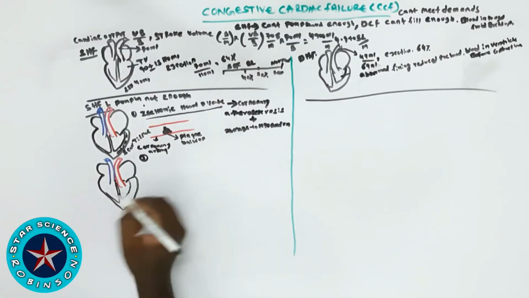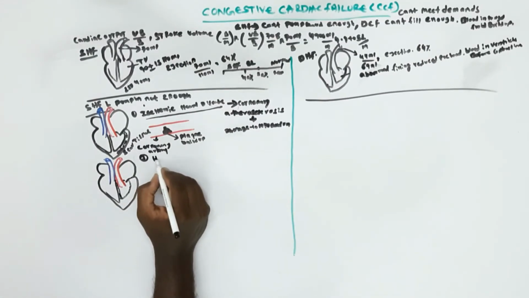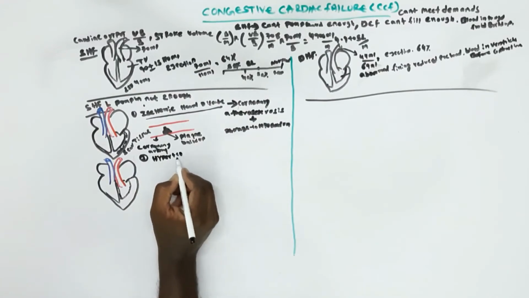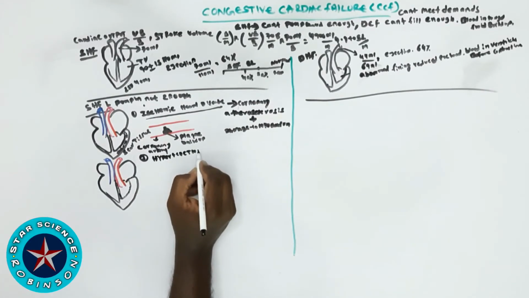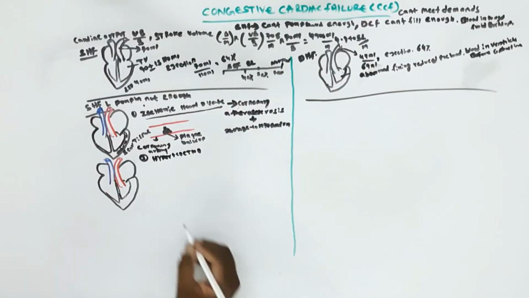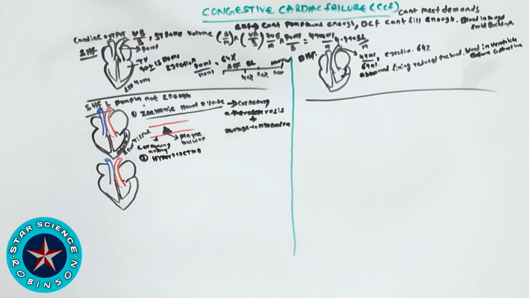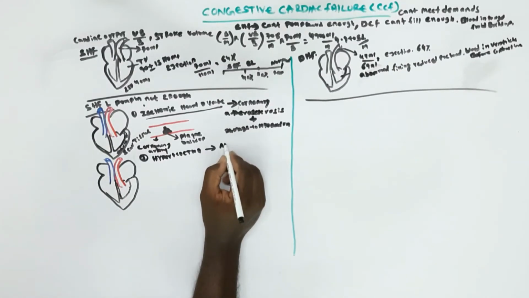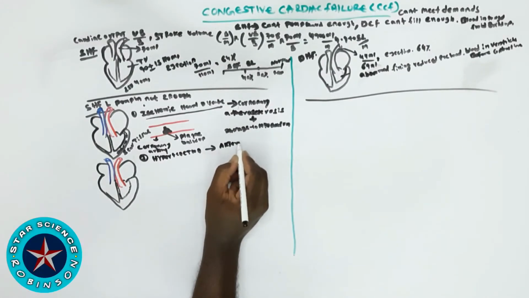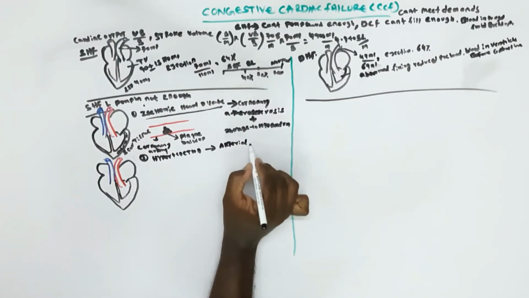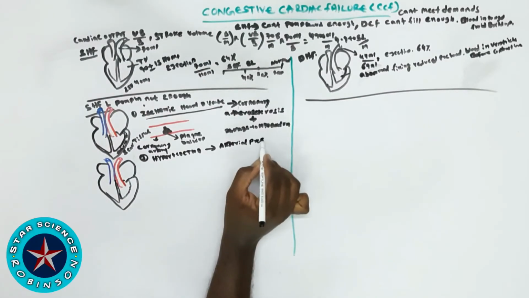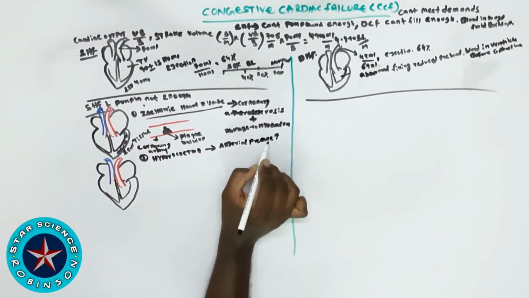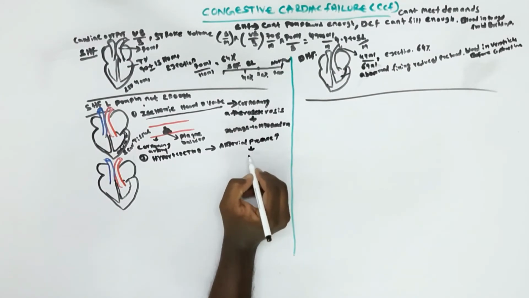Next, because of that, there will be increased O2 demand, and it will try to squeeze the coronary, and because there will be obstruction in the coronary because of plaques and cholesterol fats, there will be weaker contractions. So this is about the second type of systolic heart failure.